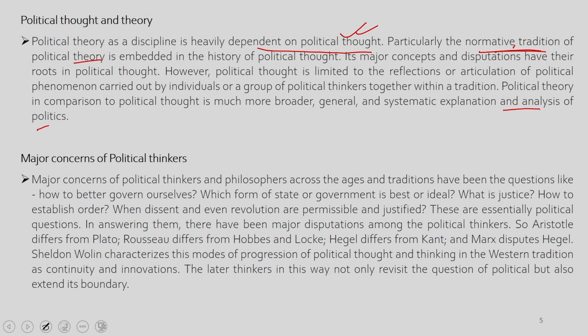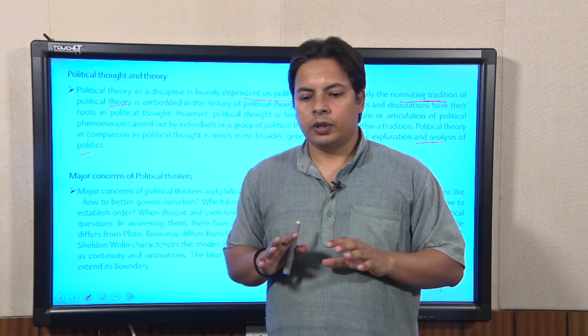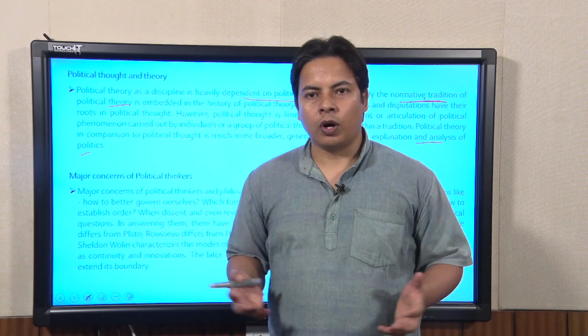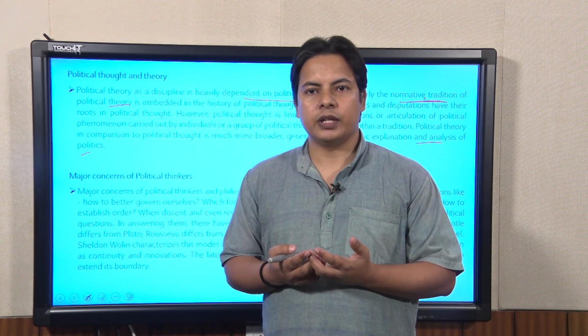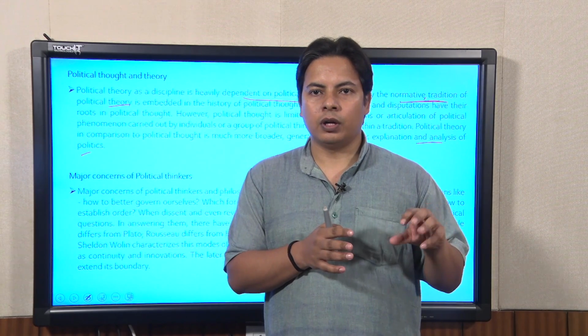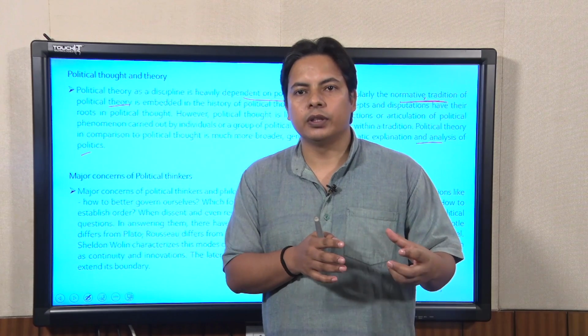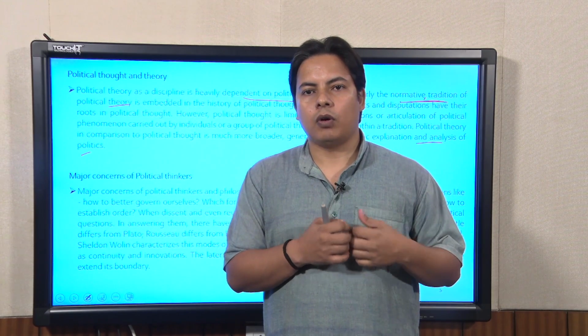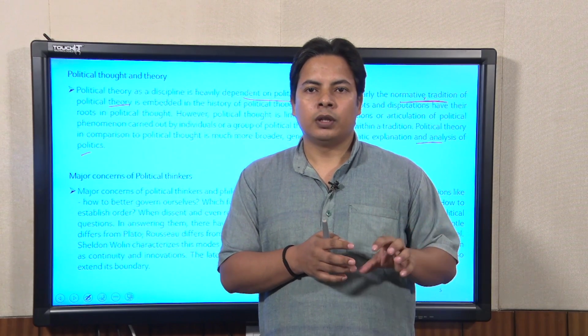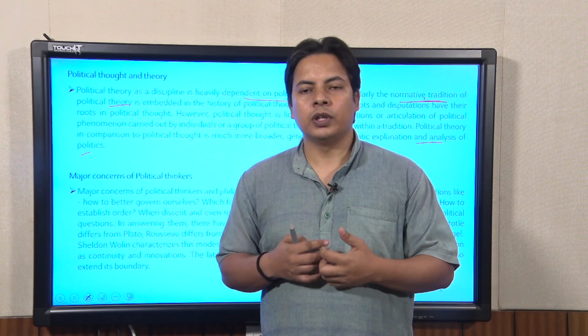So, through political theory we try to explain or interpret political phenomena by using concepts derived from political thought, but political theory helps us have a much broader, generalized and systematic understanding of political phenomena, whereas political thought, when we take it as a discipline, is about the reflection or inquiry into political phenomena done by an individual or group of individuals within a tradition.